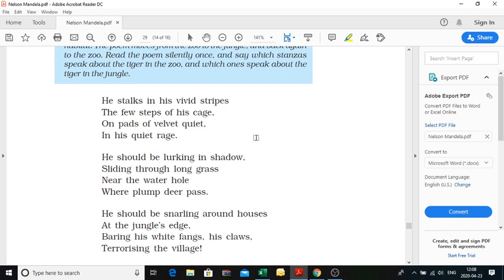Shaurya Lok, yes. Tell me quickly, beta. Right, Sanchita, tell me quickly, beta. Which stanza is telling us the tiger is in the zoo? किससे पता लगेगा आपको?